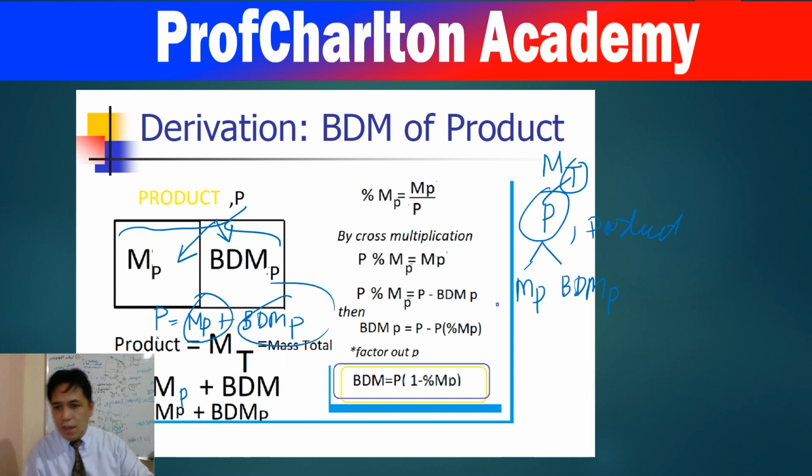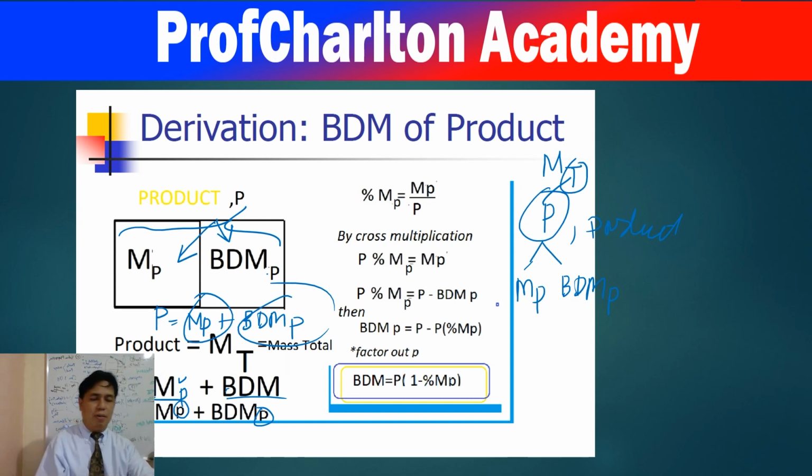So the one that we just discussed, P equals M sub P, this one, and BDM, right? So we just put the subscript P: mass flow rate of the product plus bone dry mass of the product equals the product coming out of the dryer.